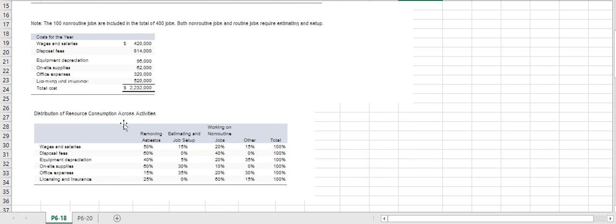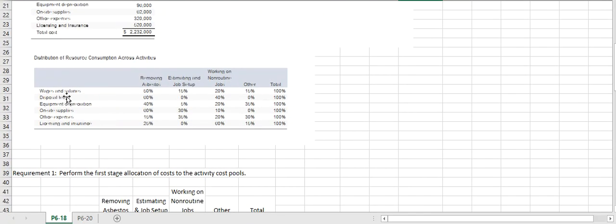And then down here we've got distribution of resource consumption across activities. So they're telling us we have all these categories of costs. So wages and disposal fees, equipment depreciation, etc. All of those things have a cost. And we're going to allocate those across each activity.